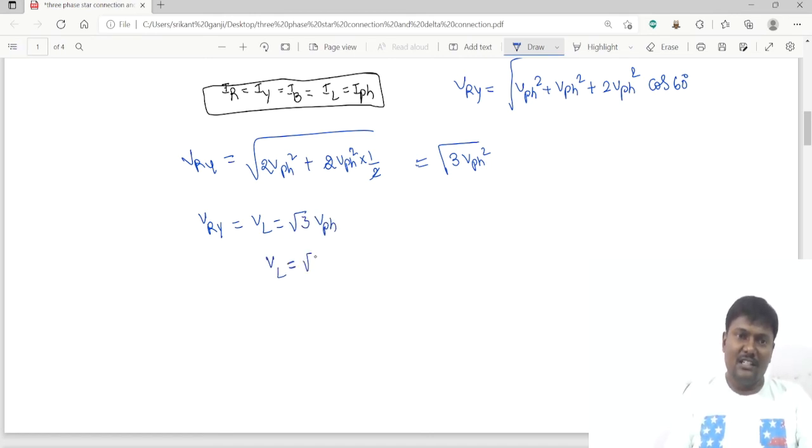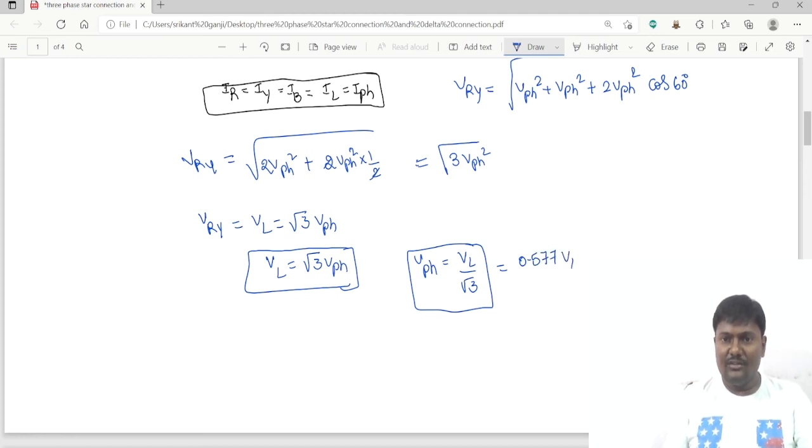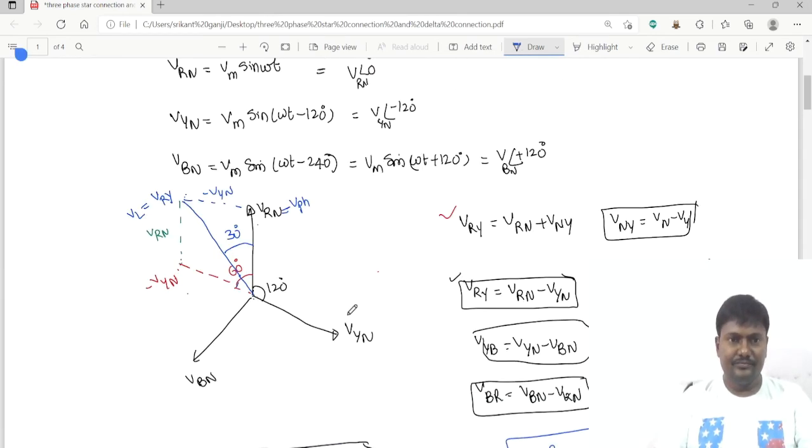The relationship between line voltage and phase voltage is that line voltage is equal to root 3 times V phase, and V phase is equal to VL divided by root 3. So 1 by root 3 is 0.577 times the line voltage.